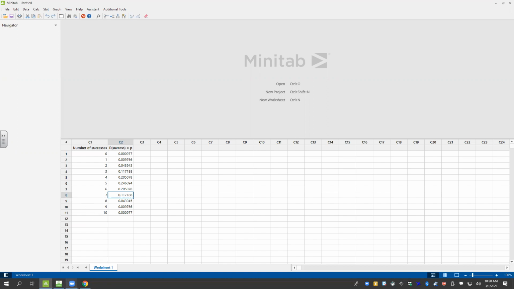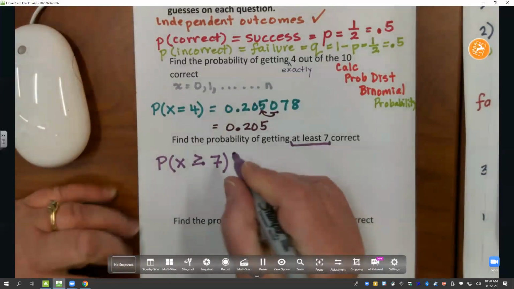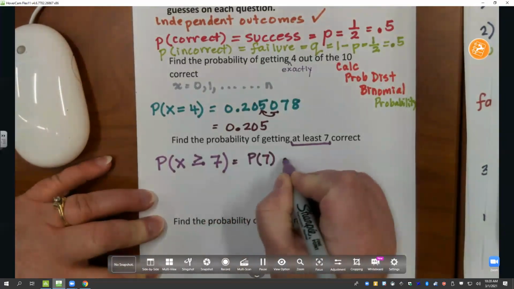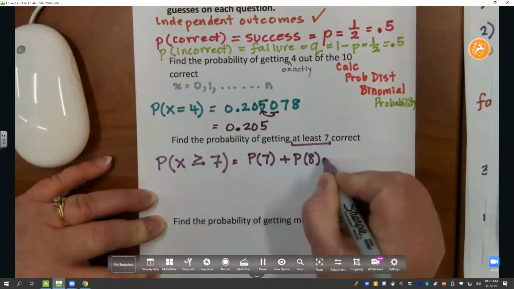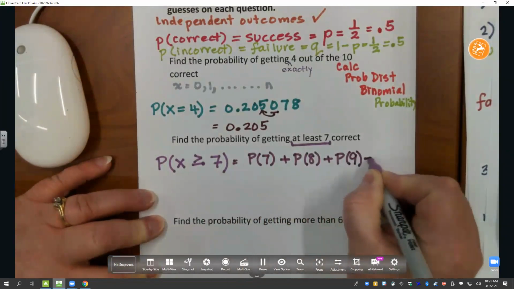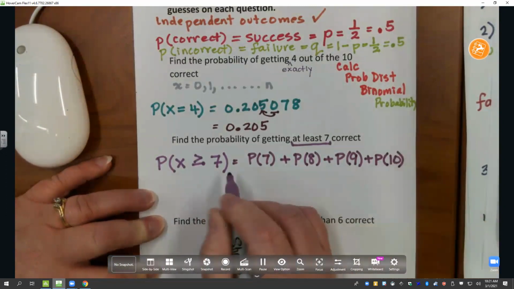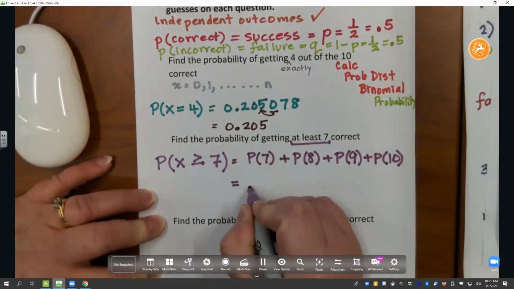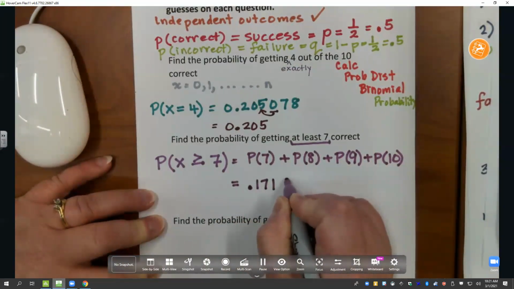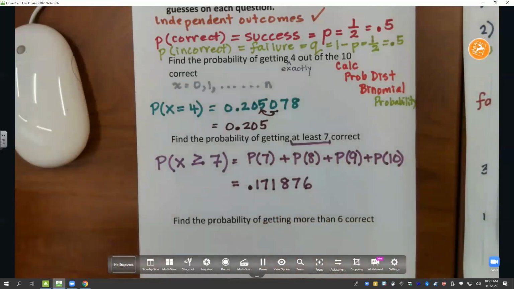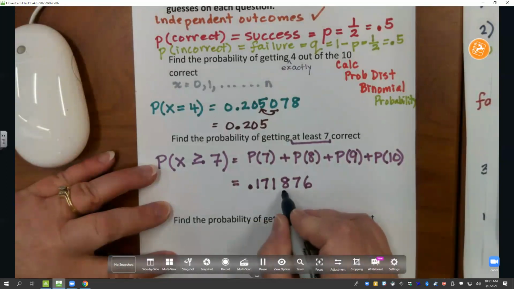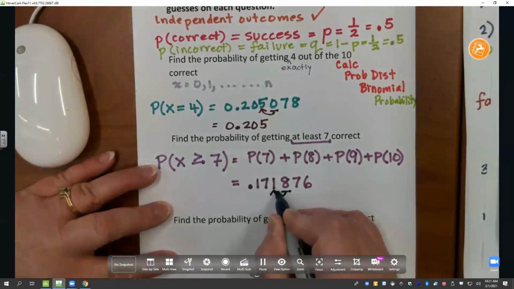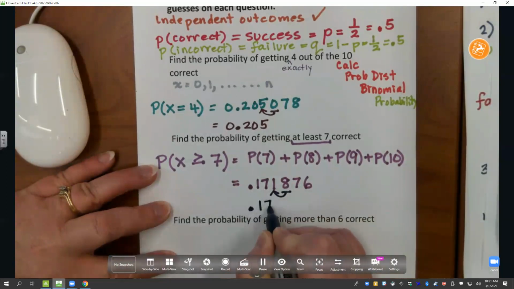We need to add probability of 7 plus probability of 8 plus probability of 9 plus probability of 10. And you can do that on your handheld calculator. And when I'm finished, I have 0.171876 when I add those 4 values together. Now again, thinking about rounding to 3 places, there's an 8 in the 4th place, which is going to bump the 1, so it'd be 0.172.